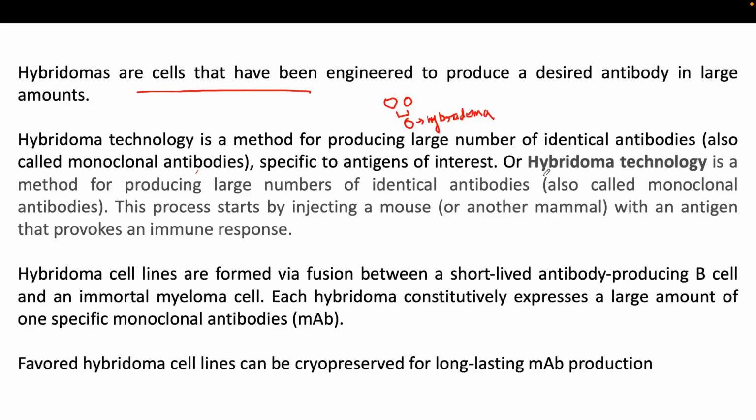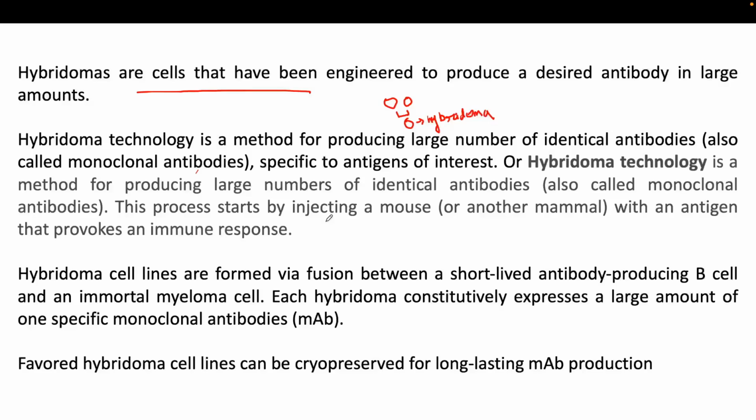This process starts by injecting a mouse with an antigen that provokes an immune response, to produce a larger amount of antibody against that particular antigen. So that is called the hybridoma technology.